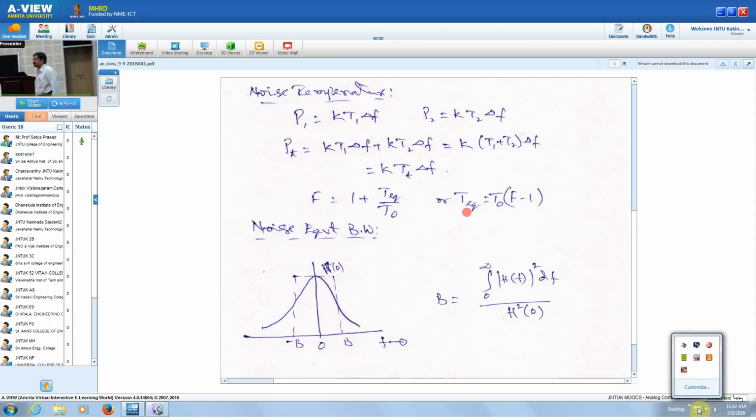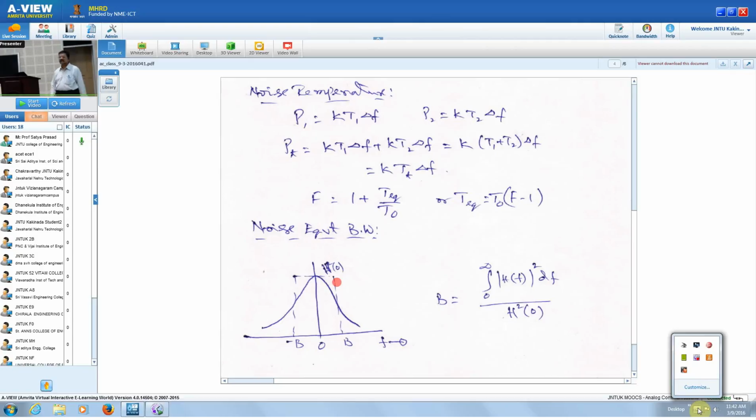Another parameter of importance is the noise equivalent bandwidth. Because we said that it is white Gaussian noise. Over the entire spectrum, the signal is present, varying from the peak at this point and dying down up to infinity. The signal is present at all the places.